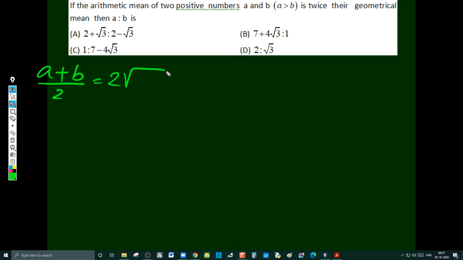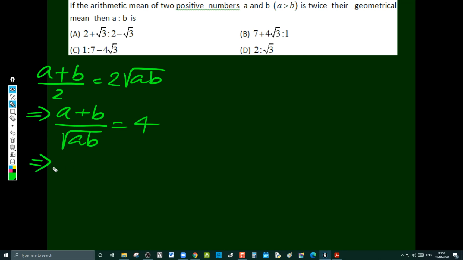AB. Okay? Which implies A plus B divided by root AB is equal to 4. Implies root over A by B plus root over B by A is equal to 4, please.